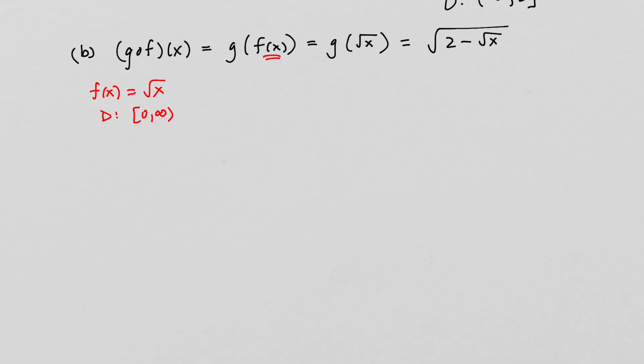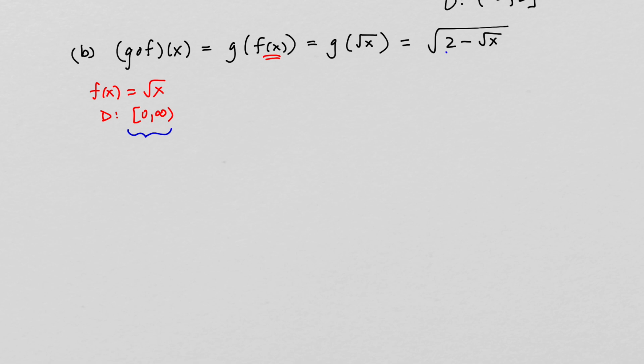Because, for example, if I plug in a number like 9 into x here, the square root of 9 is 3, and 2 minus 3 is going to be a negative number, and we cannot take the square root of that negative number. So we're going to have additional restrictions on top of the fact that we know x has to be positive.